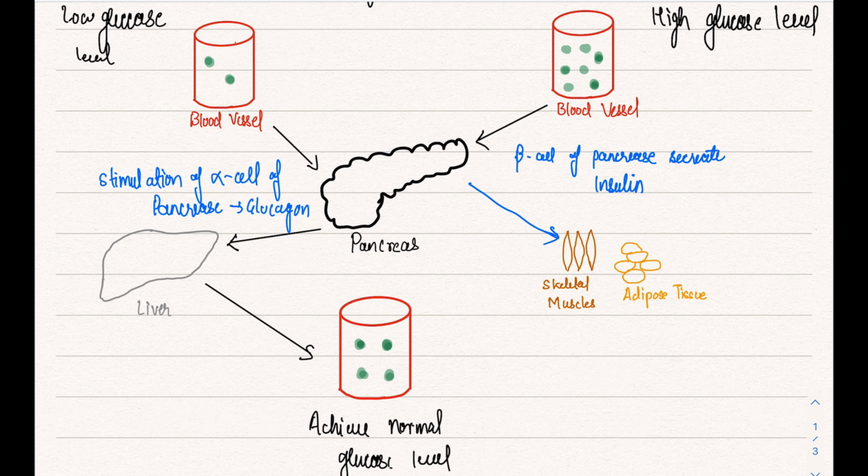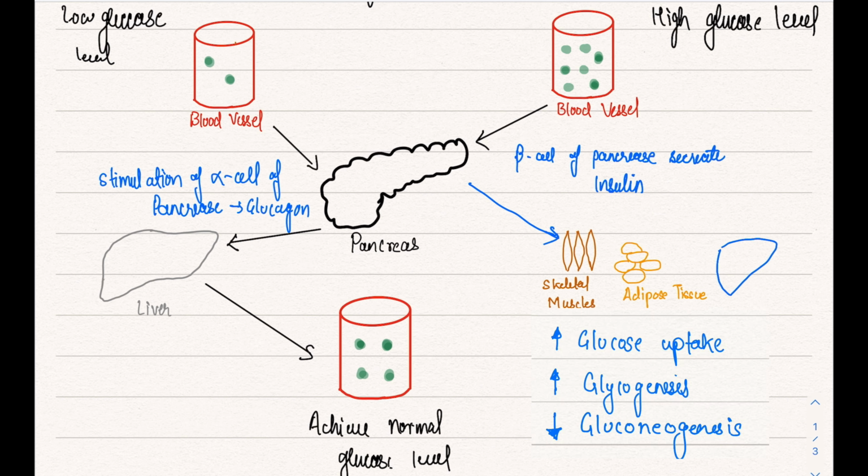Also, it is going to act on your liver and cause the synthesis of glycogen. So the glucose will be taken up by your liver and they will start synthesizing it.